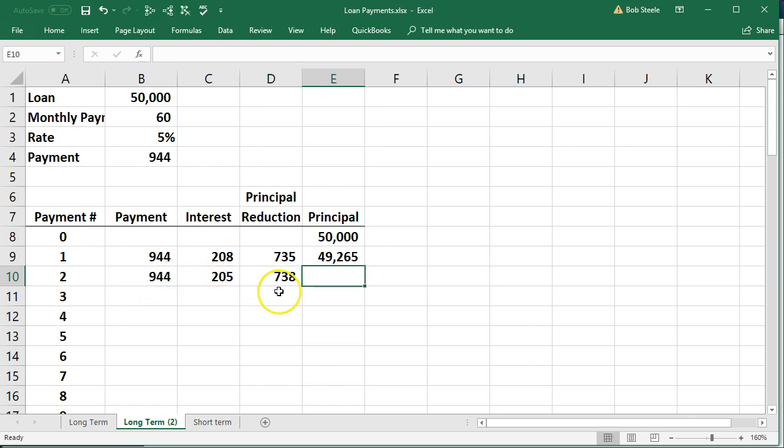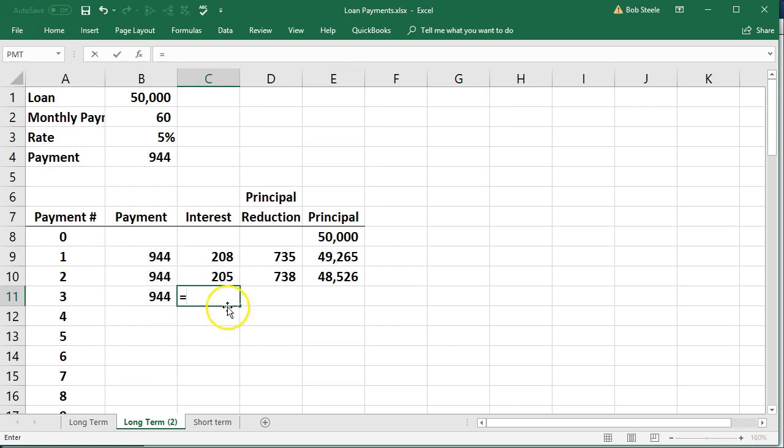So if we subtract this out, then here's the payment minus the interest. There's the principal reduction. And now the new principal is going to be equal to 49,265 minus the 738. And so you can see it's slightly different, and this will vary more depending on the interest rate. And it'll keep going as we go down. Let's do one more, and then we'll try to copy this down. So the payment will always be the same, equals that number.